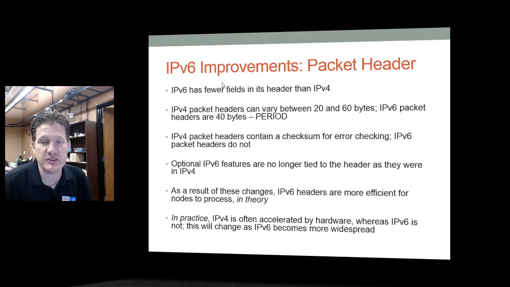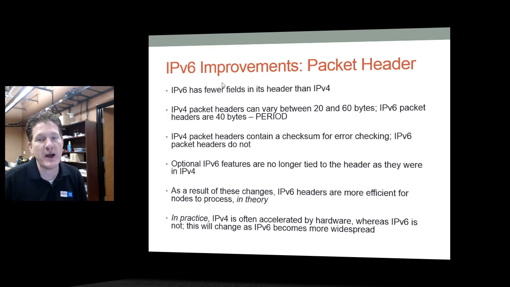But IP version 6 removes fields that were unnecessary before, so the total gain in header space is not as much, considering that we're removing a lot of additional fields that were in the IP version 4 header. An IP version 4 header could be between 20 and 60 bytes, but an IP version 6 header is always 40 bytes. So you can see we're not adding a lot to the network payload by going to IPv6.